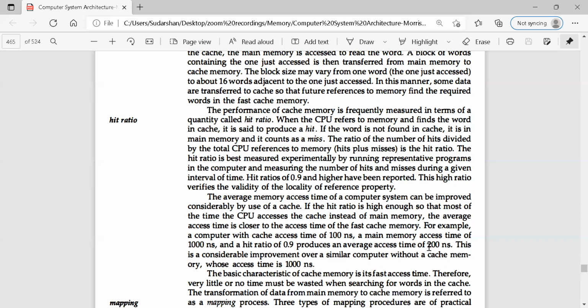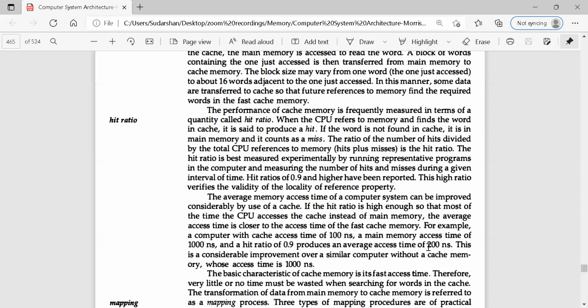That is the essence of the presence of cache memory. It drastically reduces the average memory access time, assuming the hit ratio is 90%, with 100 nanoseconds for every access to cache and 1000 nanoseconds for every access to main memory.